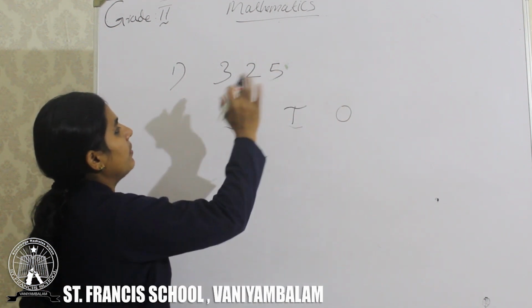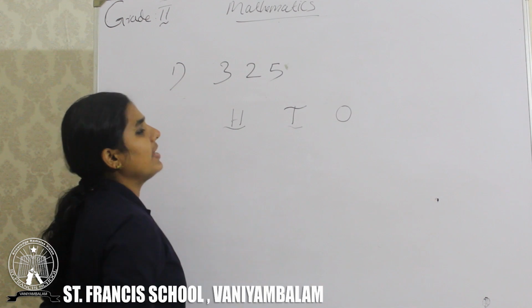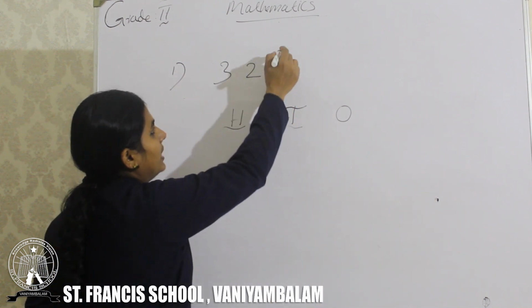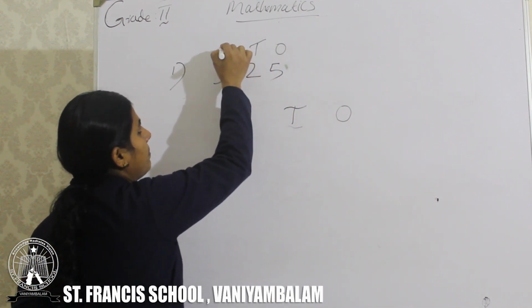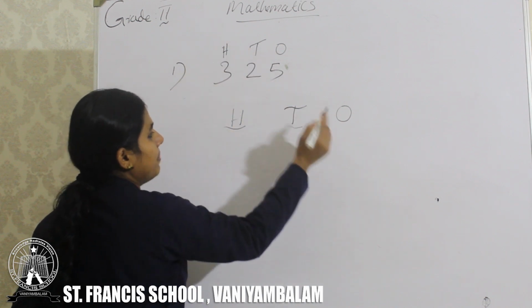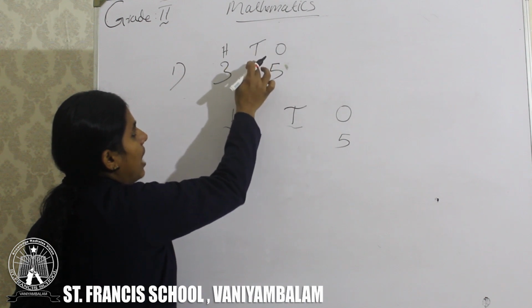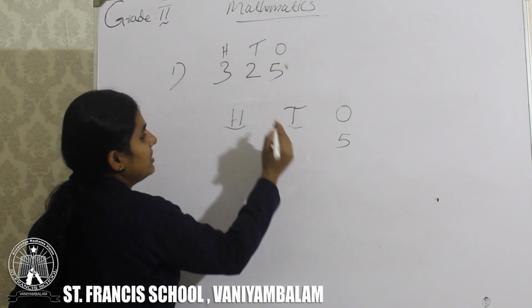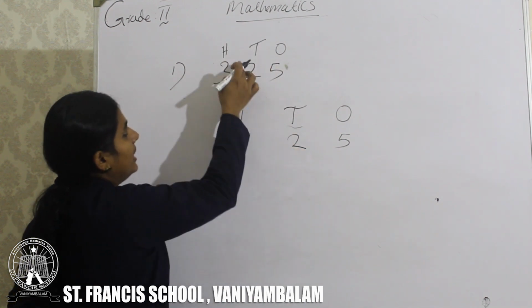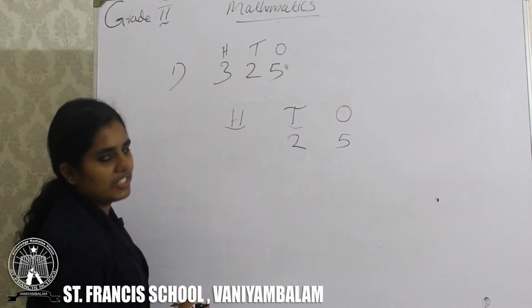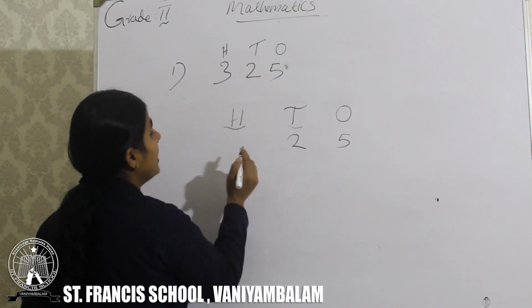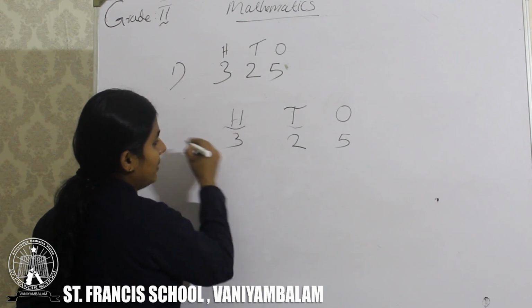Every time, on the right side we have the ones place. In the ones place we have which number? 5. Then left of the ones we have the tens place, and in the tens place we have number 2. Then left of the tens we have the hundreds place, and there we have number 3.